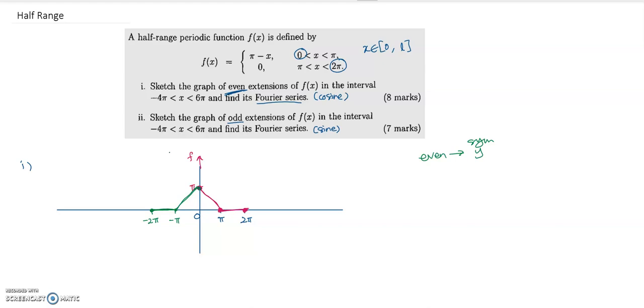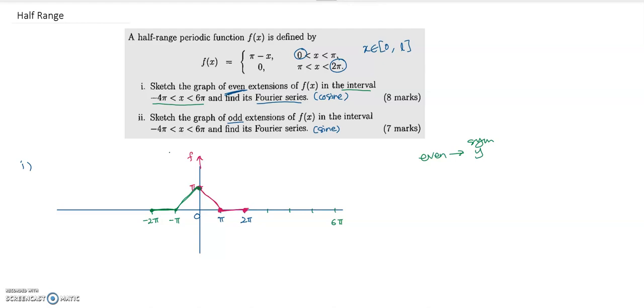But then the question asks us to sketch the graph over a larger interval, meaning that we need to extend a bit and see what the shape of the graph is. Let's start at the right-hand side first. There we have 3 pi, 4 pi, 5 pi, and this is 6 pi.